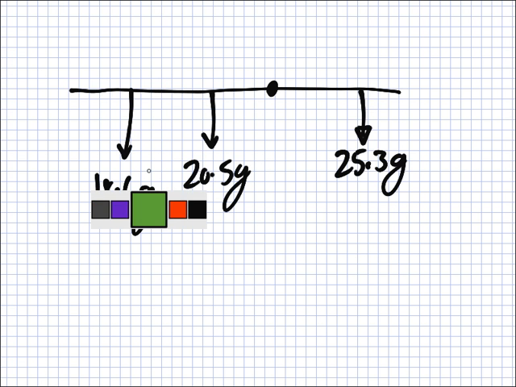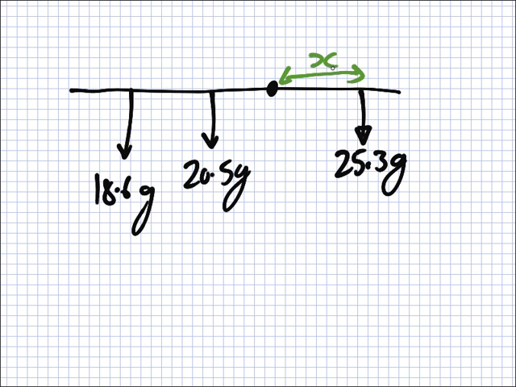Now let's get the distances. This distance here, we'll call it X. I want to know these three distances. Do we know where this pivot is? Yes, it's at 1.31. We know the beginning is 0.